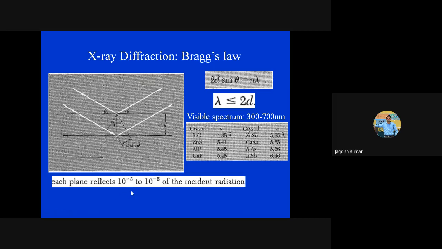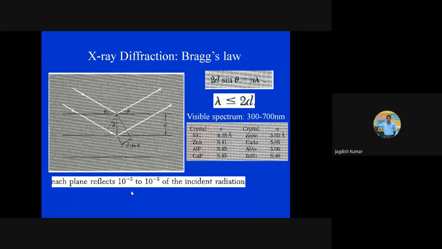So typically, each plane reflects something like 10⁻³ to 10⁻⁵ times the intensity of the X-ray incident on the crystal. So to reflect the full beam, and to see something really visible in the diffraction pattern, we require something like 10³ to 10⁵ atomic planes to deflect the whole beam.